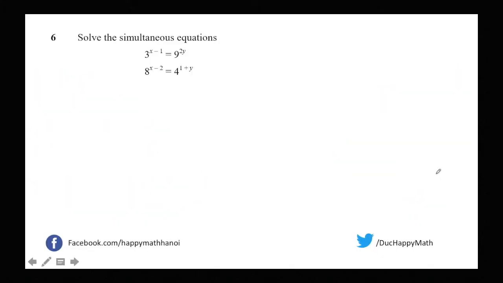Okay, simultaneous equations with power numbers. Yes, this question is not very difficult, but you have to know the basic fundamental knowledge about systems of equations. The first one I will keep unchanged, and I just change the base number so that the bases here and here are equal. I change the base number to 9.